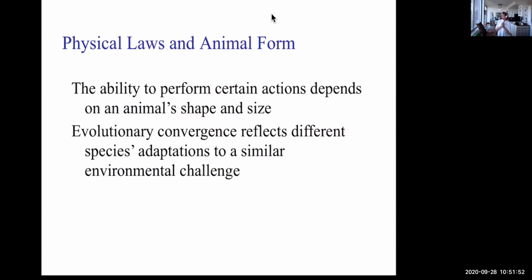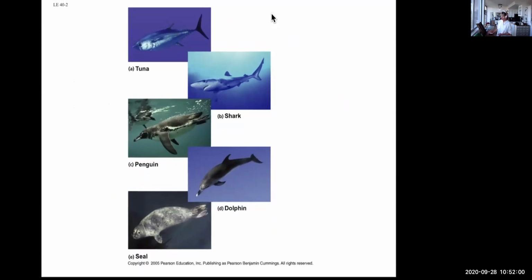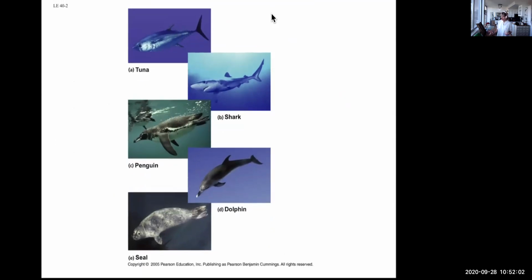And there's evolutionary convergence that reflects different species' adaptations to similar environmental challenges. So for example, these are different kinds of animals. We have fish, tuna, a shark is a fish, a penguin is a bird. Its wings are adapted to swim. The dolphin is a mammal and the seal is a mammal.